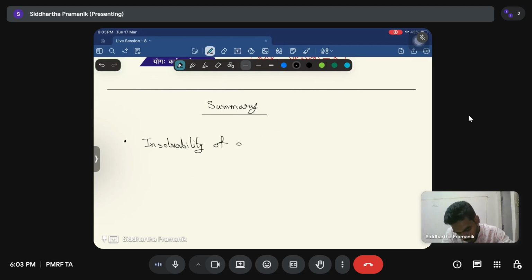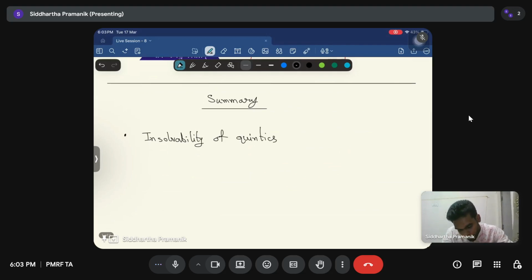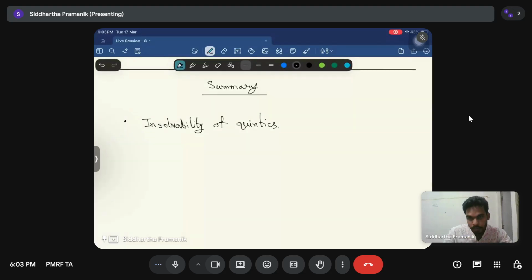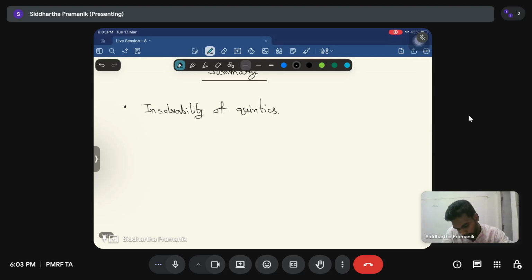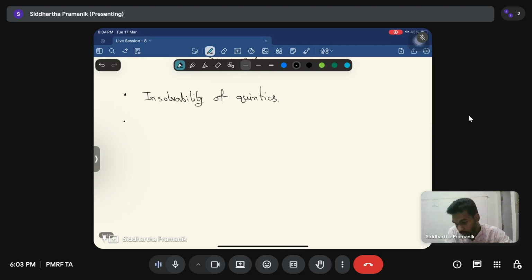So, insolvability of quintics, and we have proved that there are quintics that are not solvable by radicals, but that we have done theoretically. But to give concrete examples, we have proved the existence of polynomials whose Galois group is S_p.